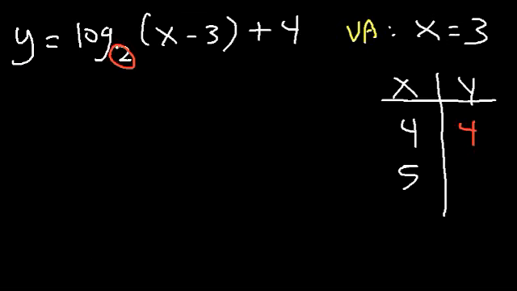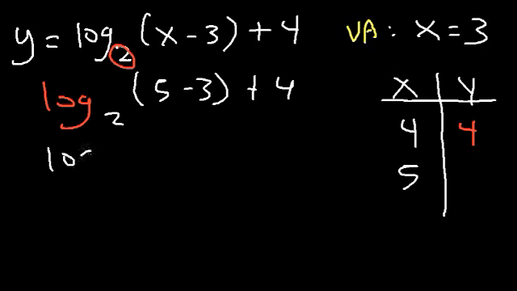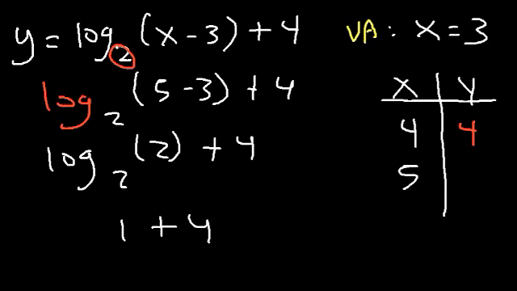Now for the next one, let's substitute 5 for x. So log base 2 of 5 minus 3. 5 minus 3 is 2. Log base 2 of 2 is 1 because 2 to the first power is 2. So it's 1 plus 4, it's 5.